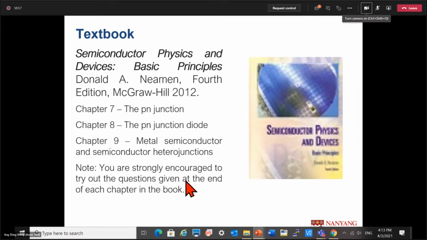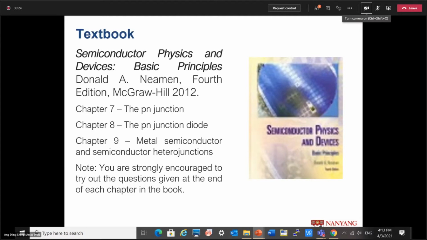You're encouraged to read the book for more details, and also strongly encouraged to try out the questions found at the back of each chapter in the book, so you can have more practice beyond the tutorial questions. So that's the textbook, and I think that's about all I want to tell you. It is a very short overview.